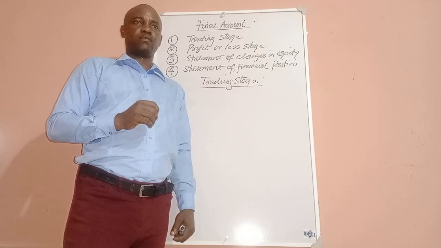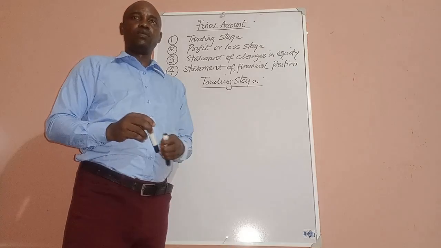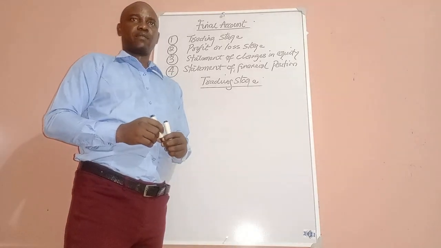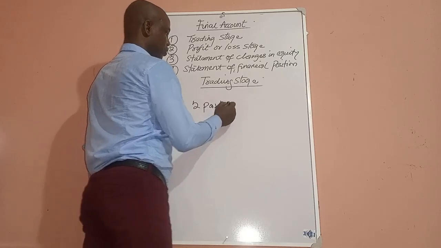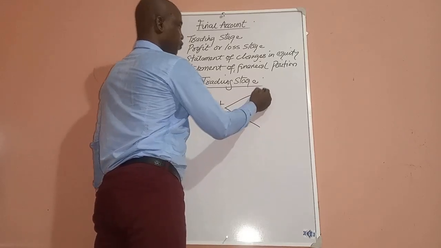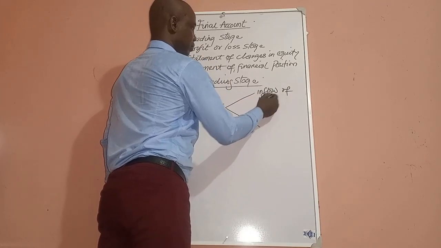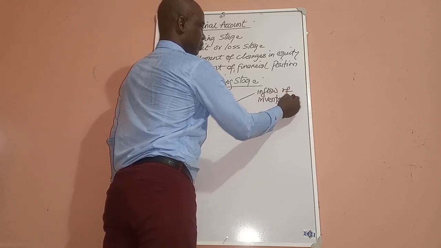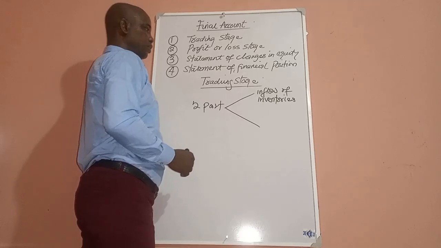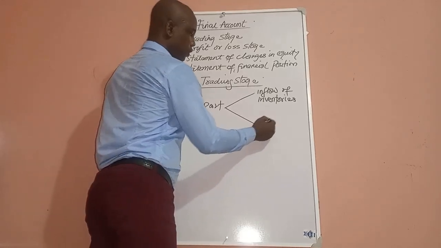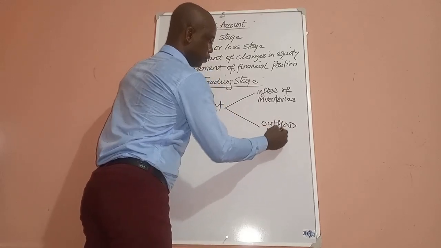So we're going to divide this stage into two parts. The first part of this trading stage is inflow of inventories. The second part is outflow of inventories.